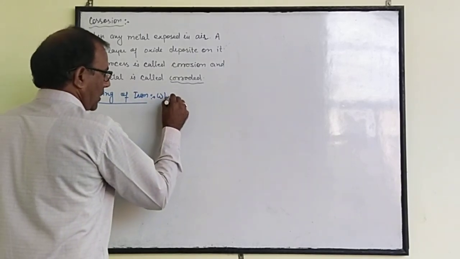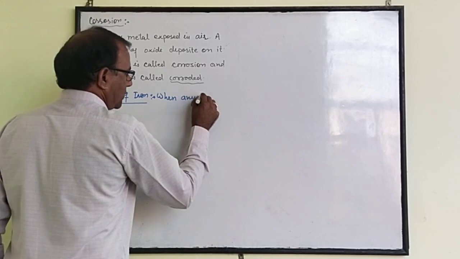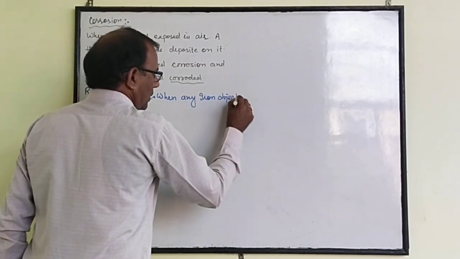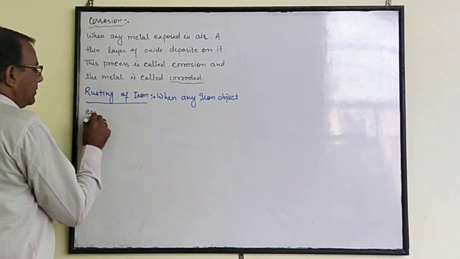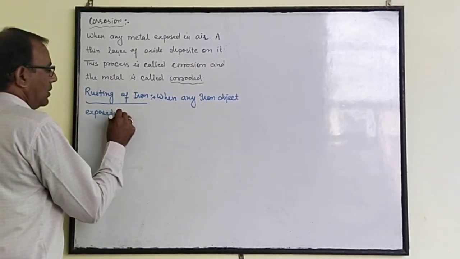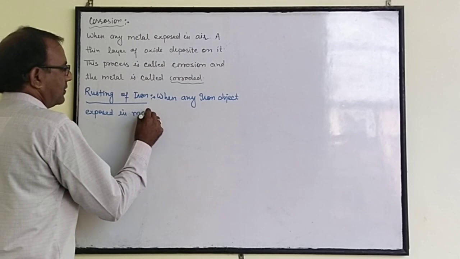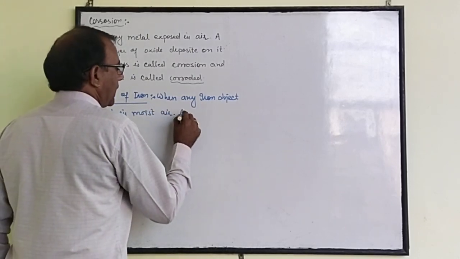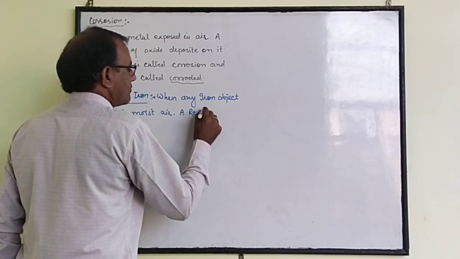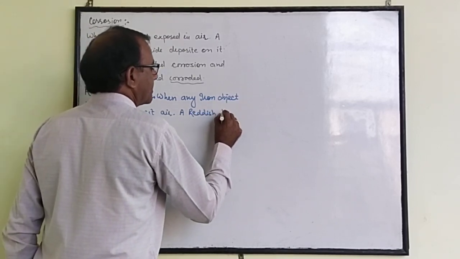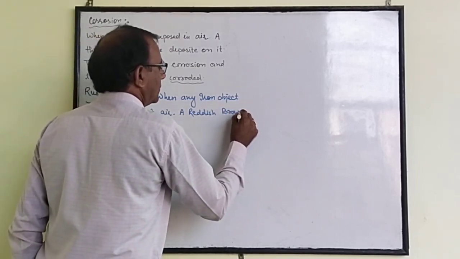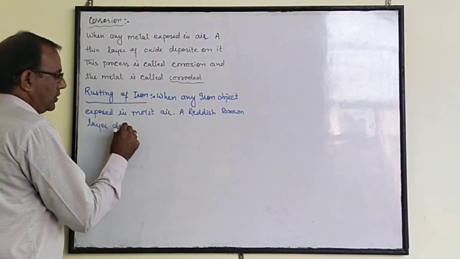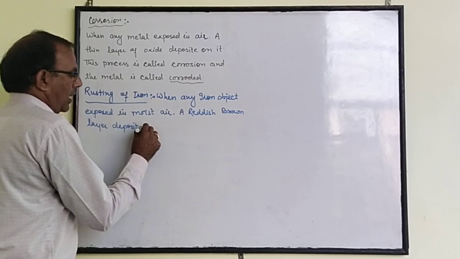When any iron object is exposed to moist air, a reddish brown layer is deposited on iron.